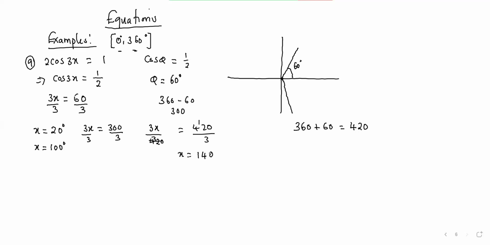So what we have? How come we're adding the 360? Why are we adding the 360 to 60? A coterminal angle is in the same quadrant.